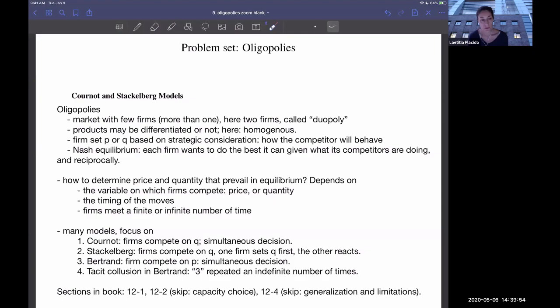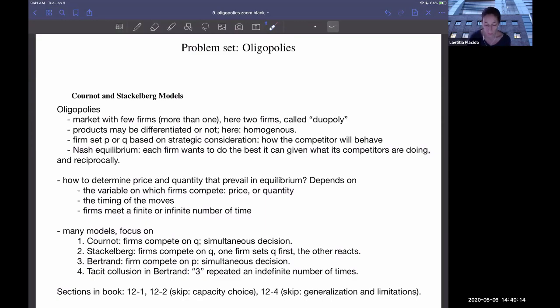One important point with oligopolies is that we have basically 2 cases. We have 2 firms on the market, and they are going to choose either the price they're going to set on that market or the quantity they're going to set.